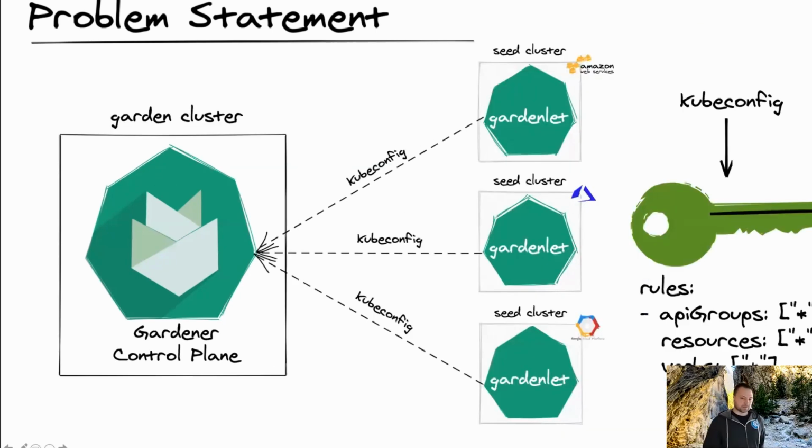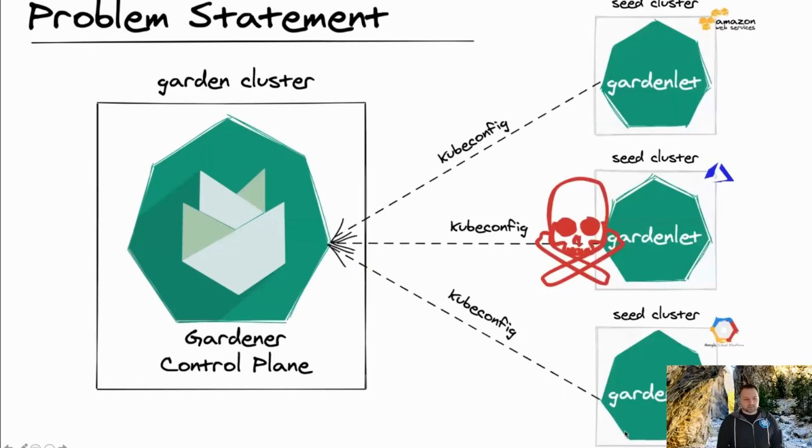So now the problem is that these kubeconfigs, or more the users inside these kubeconfigs, are bound to the cluster admin cluster role. So all the gardenlets have permissions for everything in the garden cluster. And this obviously means, let's say we are in the situation that one of these seed clusters is compromised, and somehow an attacker gets access to this kubeconfig here in the case of Azure.